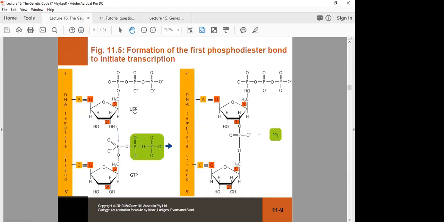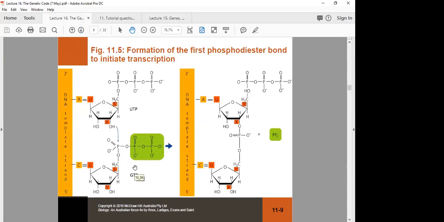It's called UTP. The second RNA nucleotide that comes in is a guanine. It will bind to the DNA cytosine. This RNA nucleotide is called GTP. Then the enzyme RNA polymerase actually catalyzes the formation of a phosphodiester bond between this phosphate from the GTP and the 3' hydroxyl group from the UTP.